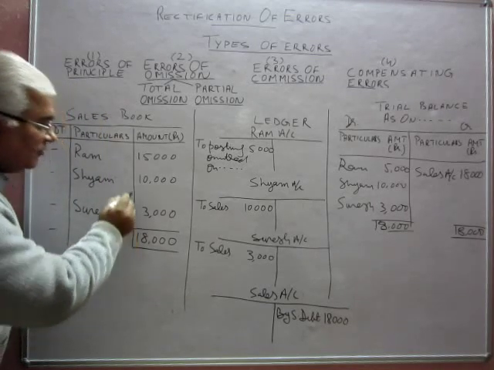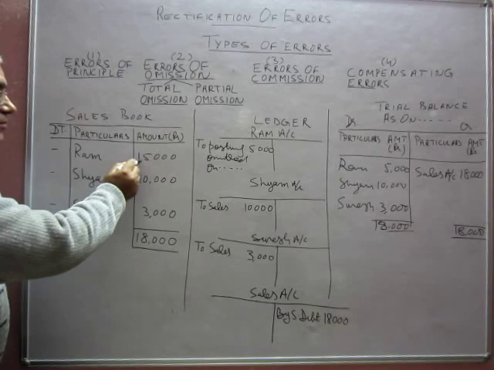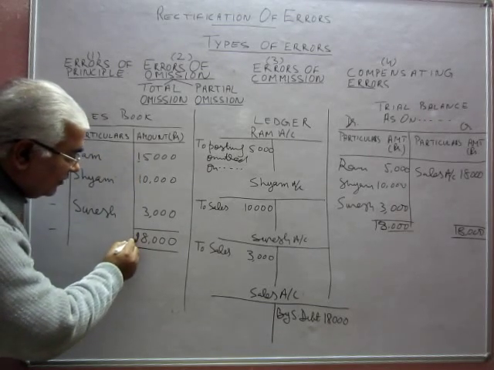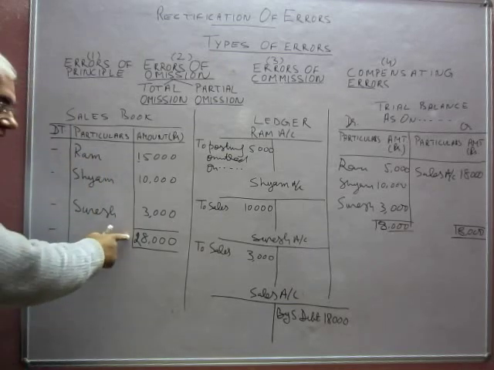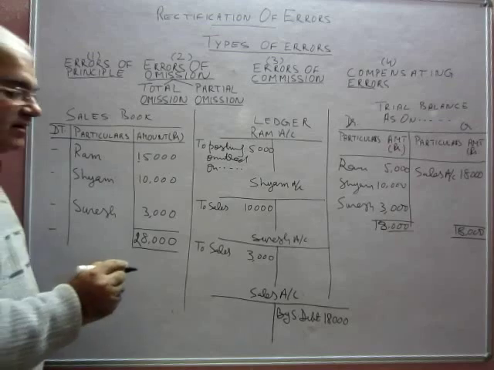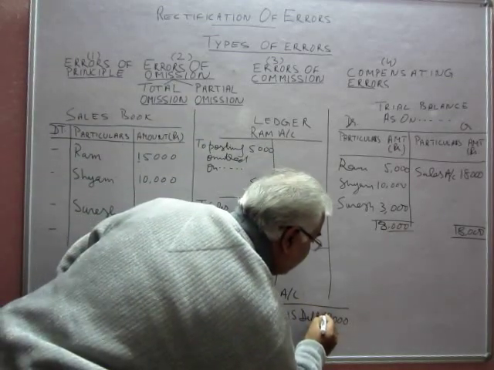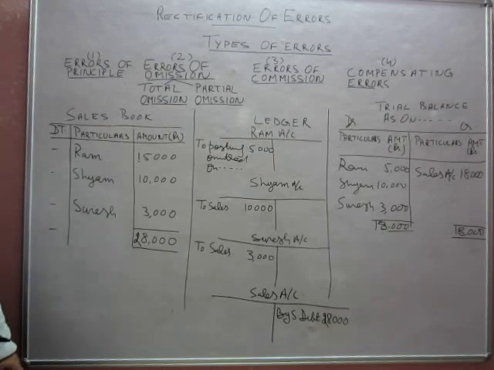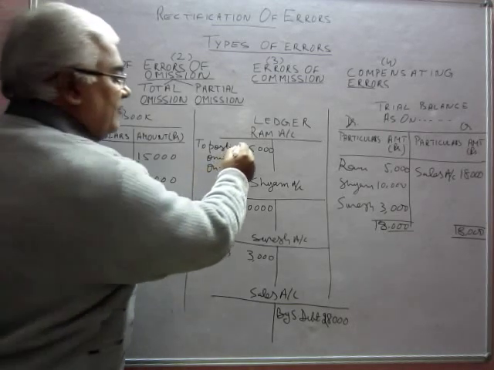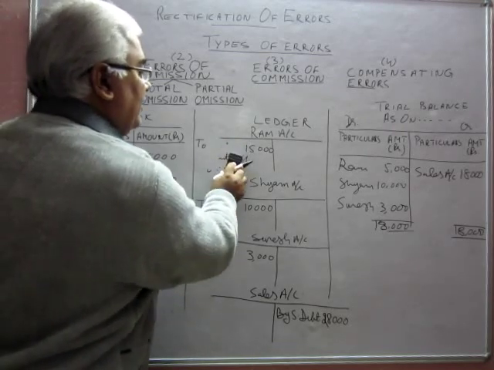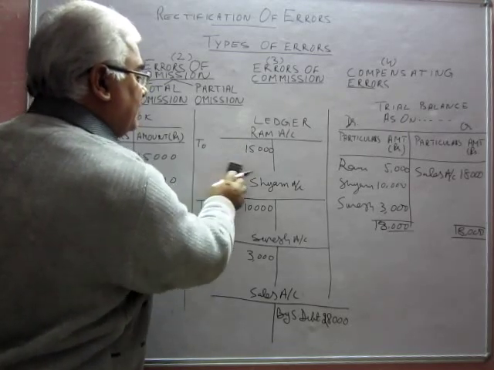Your sales will also be recorded more by 10,000, so the sales book total will also increase by 10,000. It will become 28,000. And with this, what will happen? Your sales account will be credited by 28,000 and Ram's account will be debited by 15,000. Okay? In this case, what has happened?